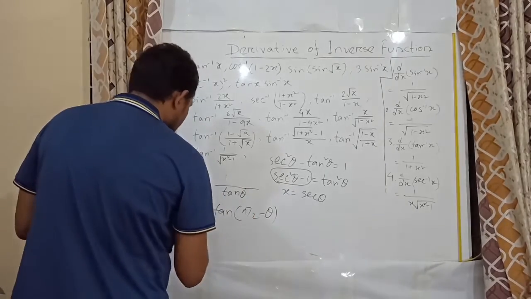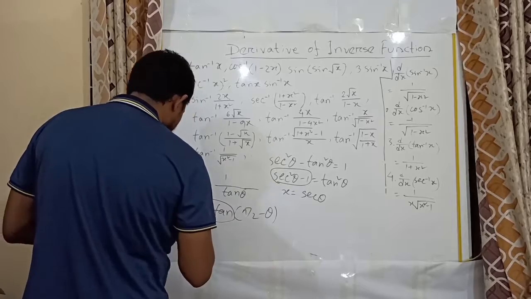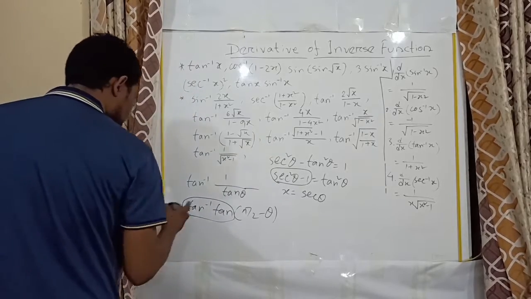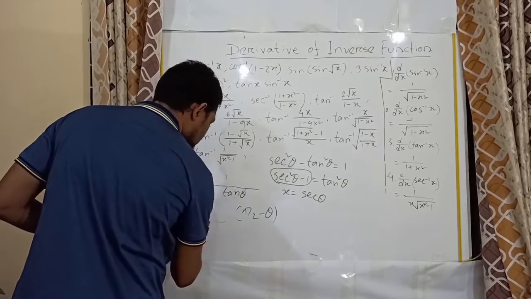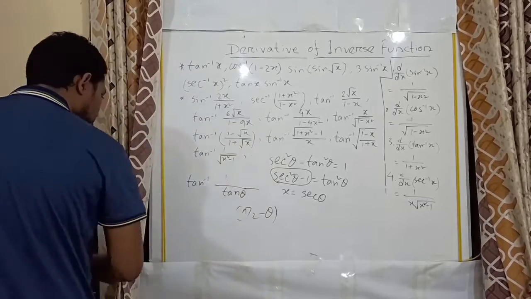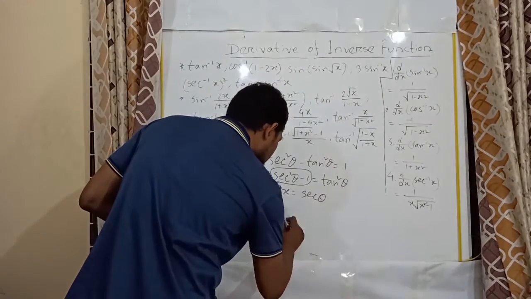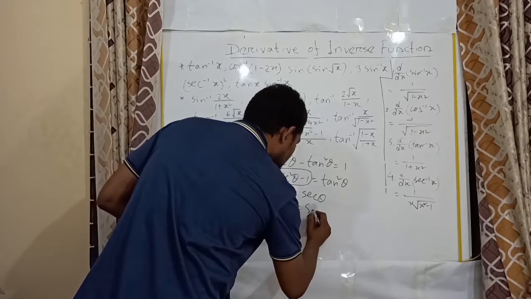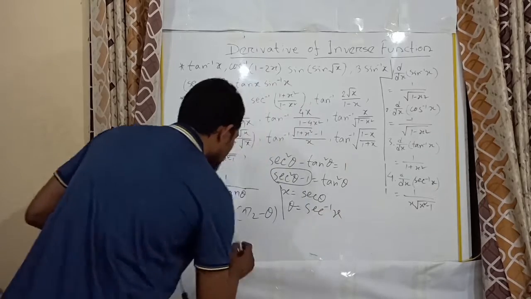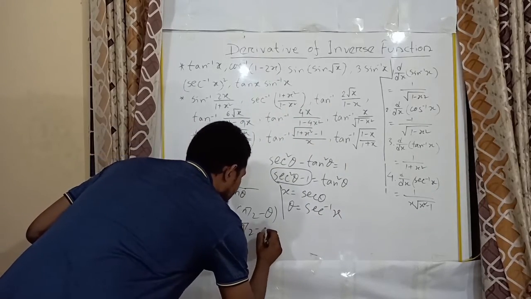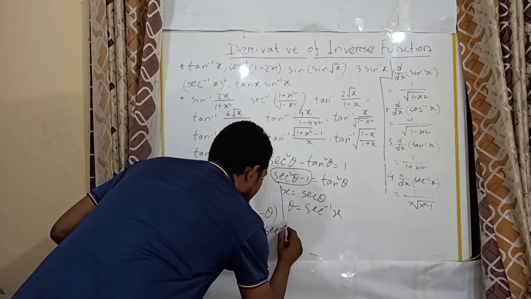So the tan inverse and tan will be cancelled. Here theta equal to sec inverse x, so we will get pi by 2 minus sec inverse x.